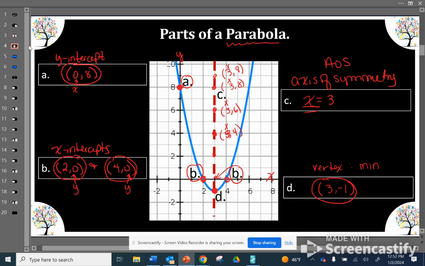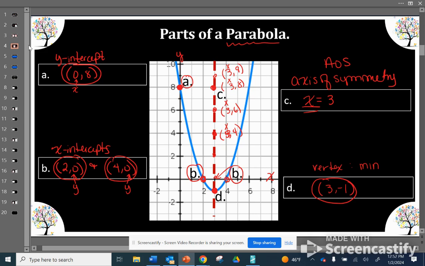Now let's just notice one other thing. If you were asked to find another point on this parabola, of course we could pick any of these, but let's just take a look at, for every point to the left of the AOS, there is an equally distant point to the right of the AOS.